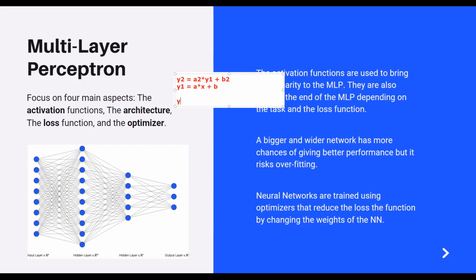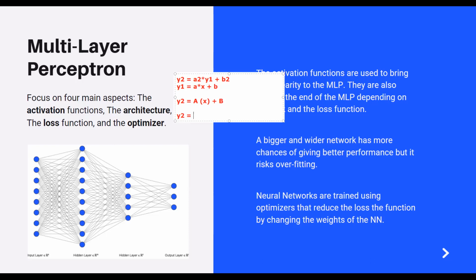So the proof that we are trying to find is: is y2 equal to some big A times x plus some big B, right? So we're trying to find out if y2 is a linear function of x. And we can do that very simply by doing the following, right?